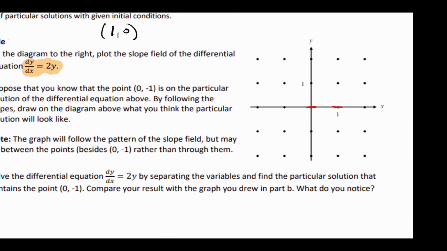Where else am I going to have the same slope? Without having to do every single dot, let's look for patterns. Where else am I going to have the exact same slope I did on the first two points? Anywhere y equals 0.